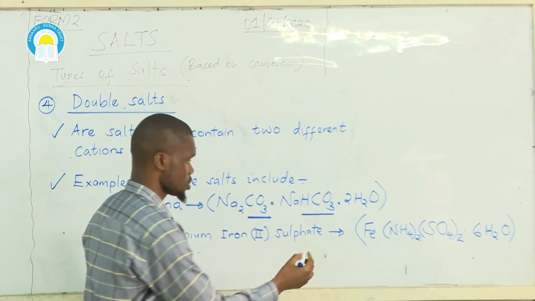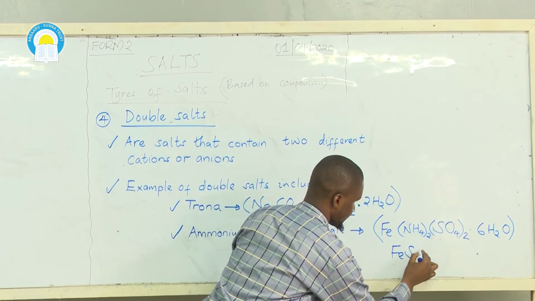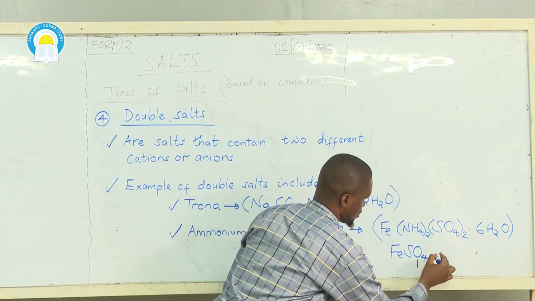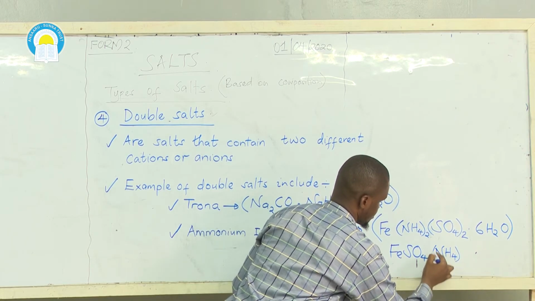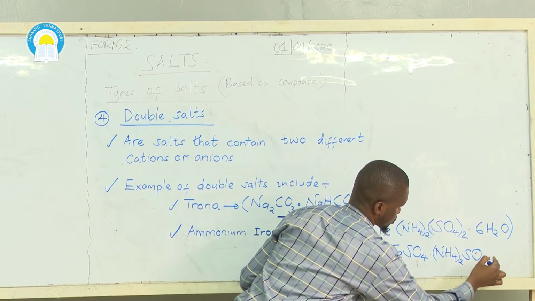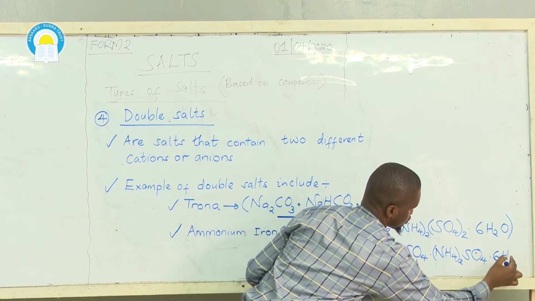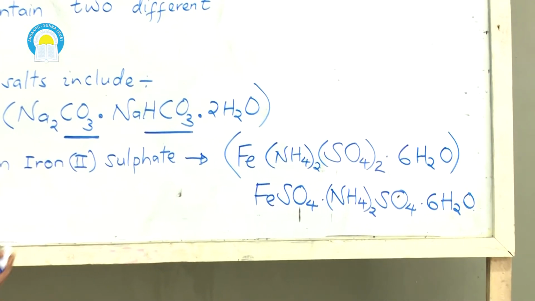In some books, this is just written as iron sulfate dot ammonium sulfate dot 6H2O. What are we talking about here?